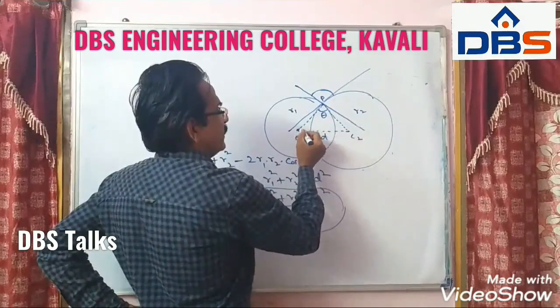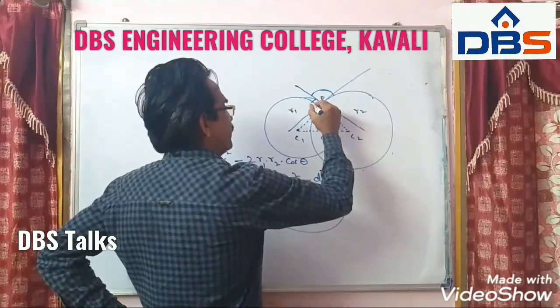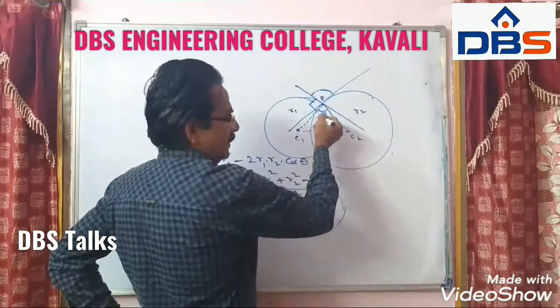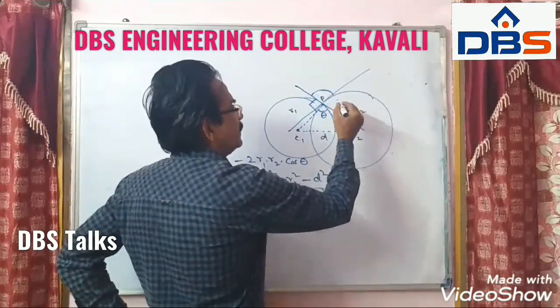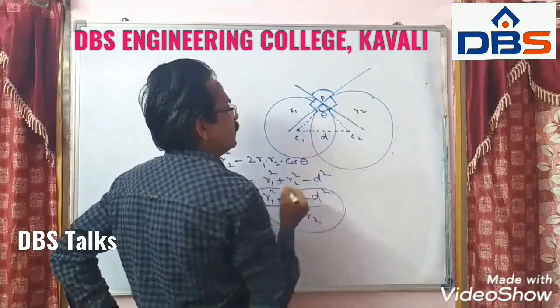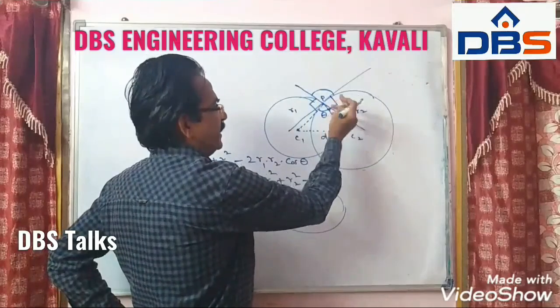See friends, this is a radius, so this will be 90 degrees, because radius will be perpendicular to the tangent. Again, this is also 90 degrees. So 90 plus 90, 180.